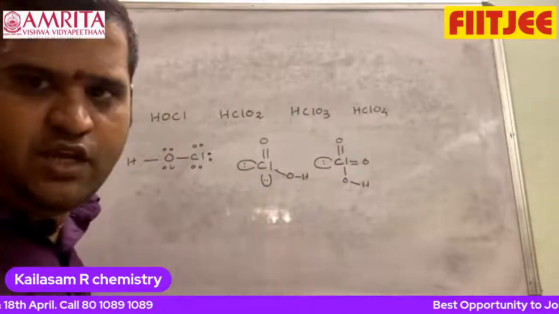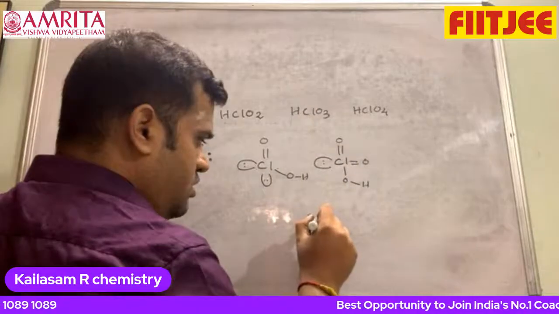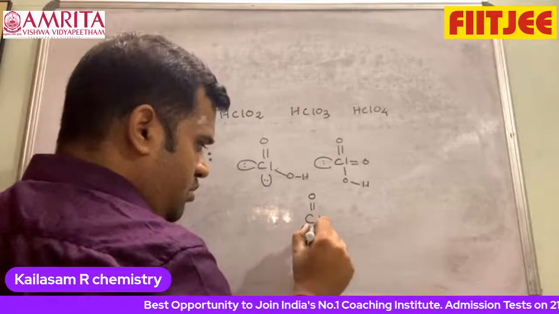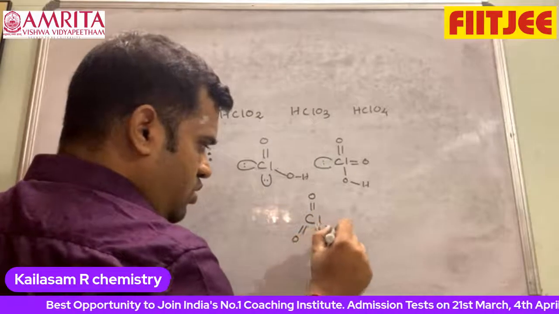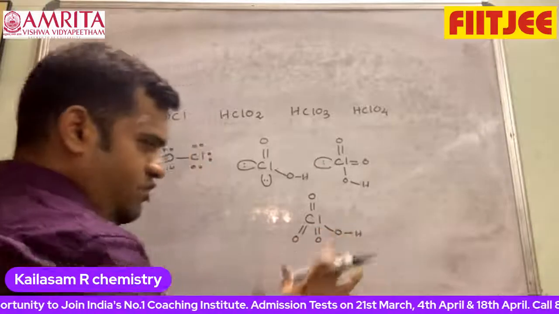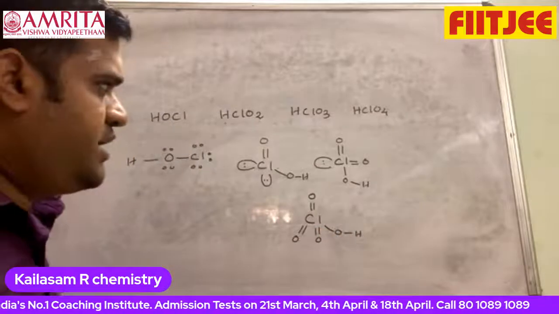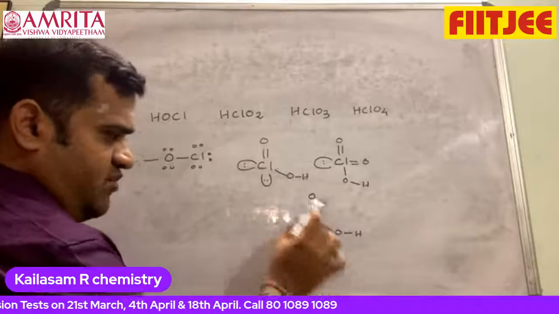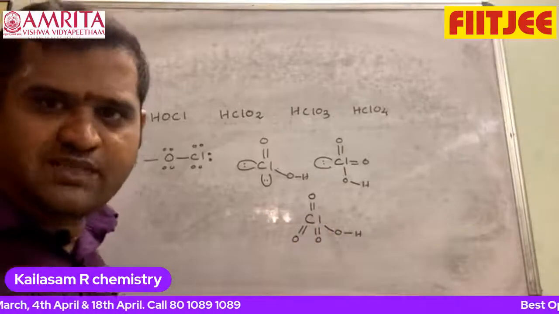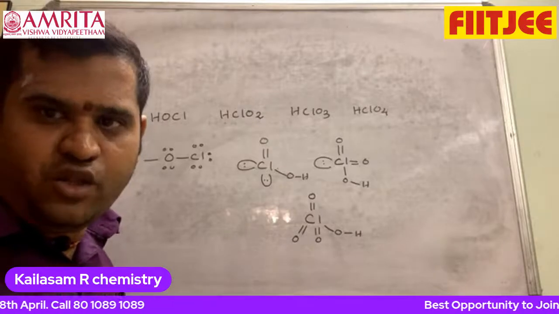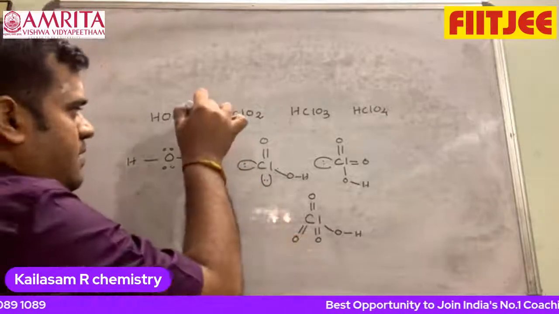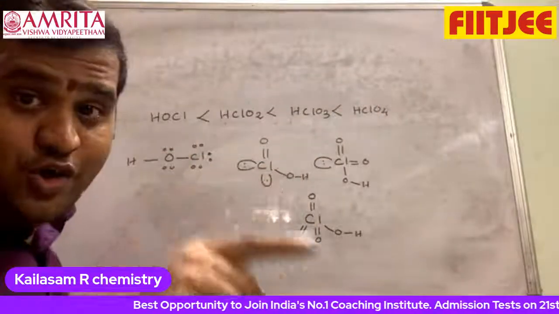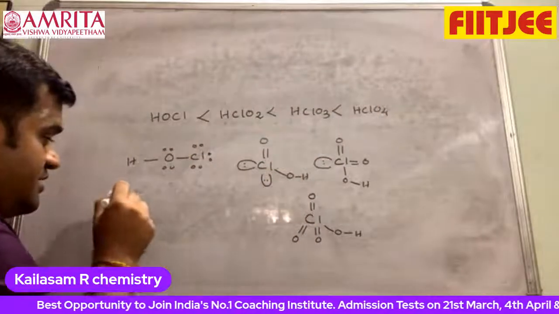In the case of HClO4, Cl double bond O, O, OH. Look at this. What I am trying to say is that chlorine is in the +7 state. It gives H plus, and with more delocalization, the conjugate base is stable, so the corresponding acid is stronger. Therefore, this is the order of acidic nature. Then what about the strong base? This is the order of basic nature.